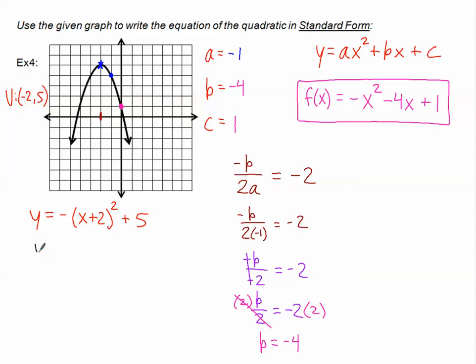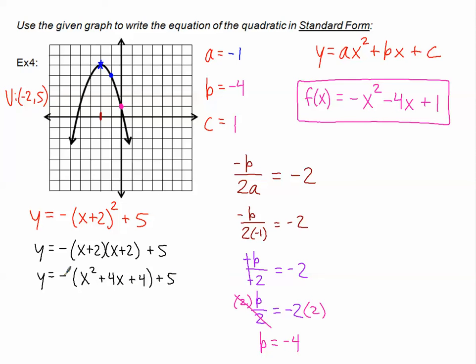So let's do that. So now I've got y equals negative. I'm going to put x plus 2 and x plus 2 side by side so I can see my FOIL. So here's our negative sign. Don't forget that there's a negative sign here. And x times x is x squared, x times 2 is 2x, another x times 2 is another 2x, that's why we have 4x in the middle, and 2 times 2 is 4. I know how to FOIL, and then plus 5.